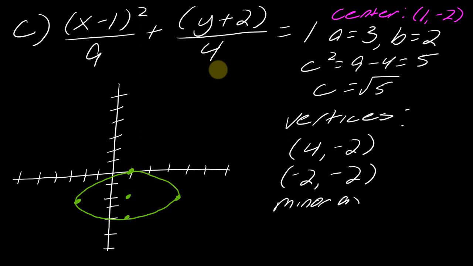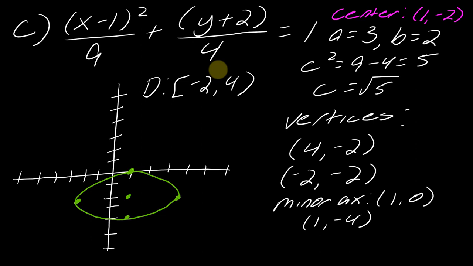For my minor axis endpoints, that's looking like 1, 0 and 1, -4. My domain, I should have started with that, sorry. My domain goes from -2 to 4. And my range goes from -4 to 0.